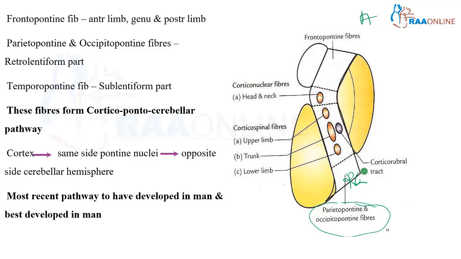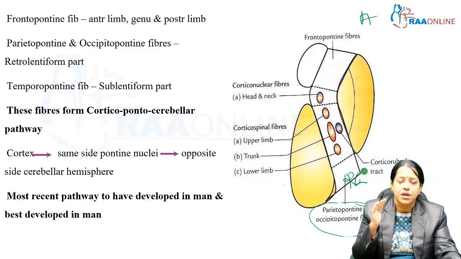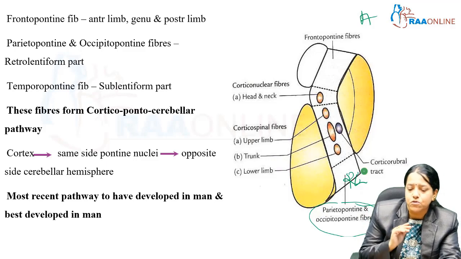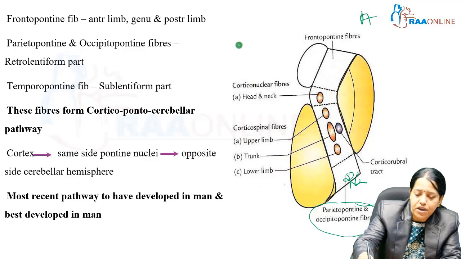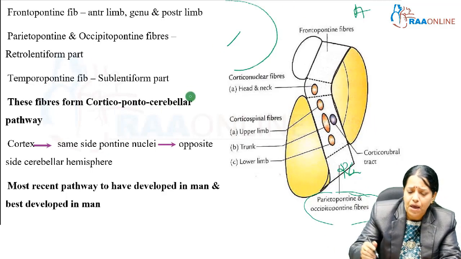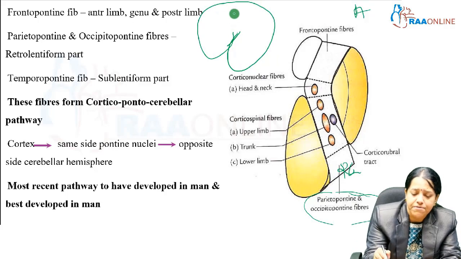What about the temporopontine fibers? The temporal lobe of the cerebrum, as you remember, is located inferiorly. That's why the temporopontine fibers go through the sublentiform part. If we draw the cerebrum like this, you have the frontal lobe over here, the parietal lobe over here, the occipital lobe, and the temporal lobe.